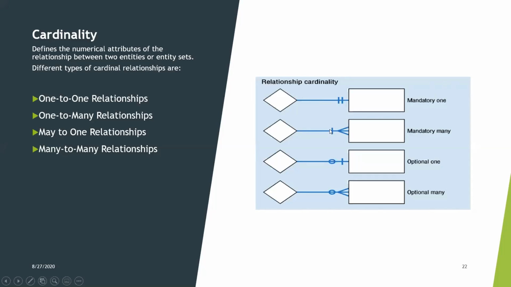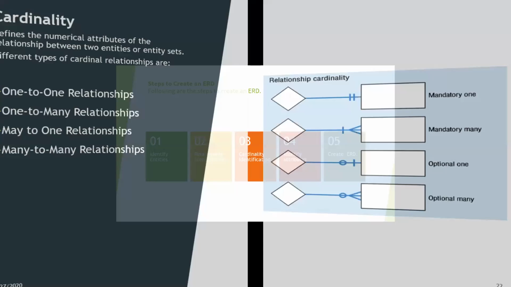So one line and this symbol, one vertical line and this symbol, represents a many relation. And if there is a circle here, one vertical line and a circle, this is for an optional one relation, and this is also optional for a many relation. We will discuss later.